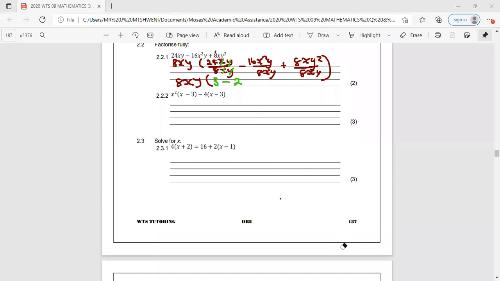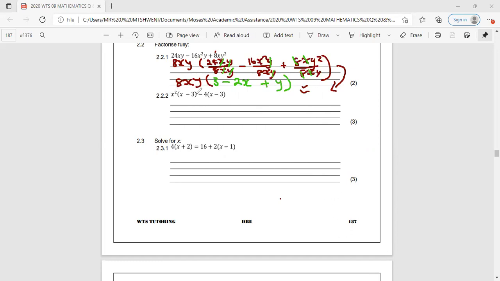So X squared divided by X, you'll be left with X. Y will cancel Y. Plus 8 divided by 8, we cancel each other. X cancel each other here. Y squared divided by Y, left with Y. Yeah, this is how you solve it. Then I believe by so doing, you get your full 2 marks. This step will help you to get the correct answer. This is how you solve.